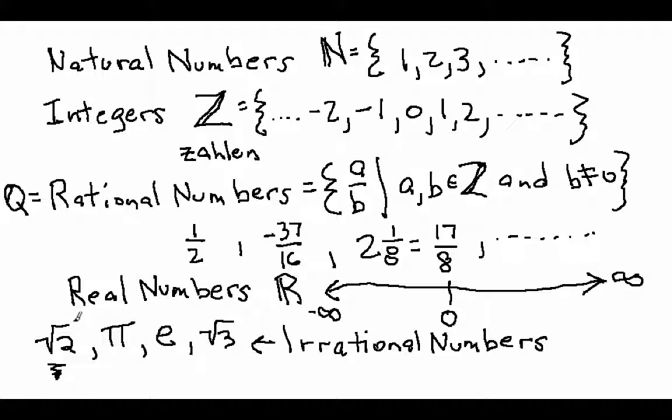In other words, we will show that radical 2 doesn't equal a over b for any a and b that are integers. It's a very interesting proof.